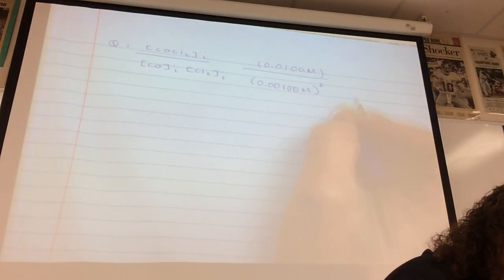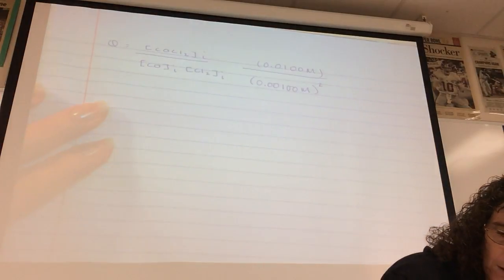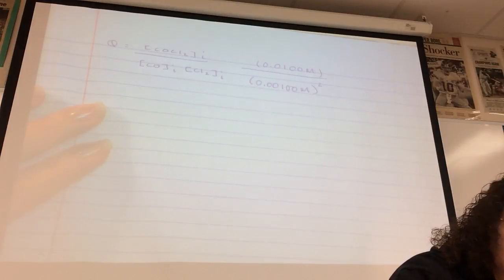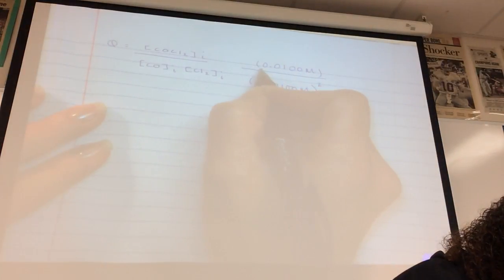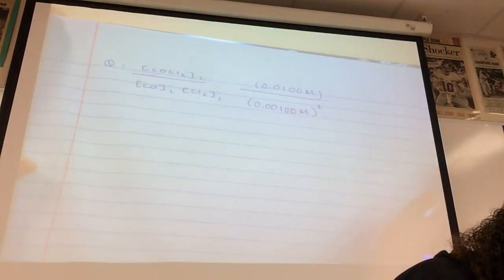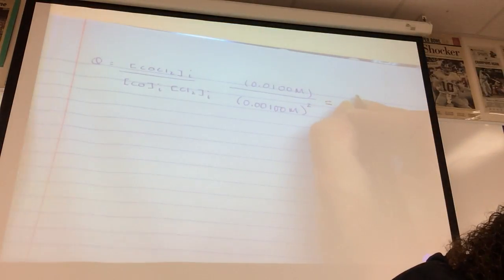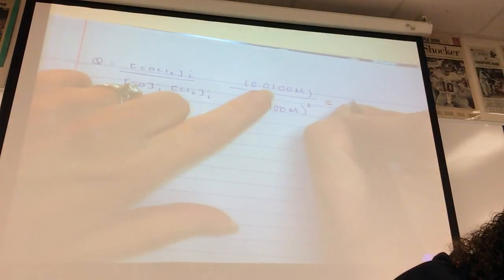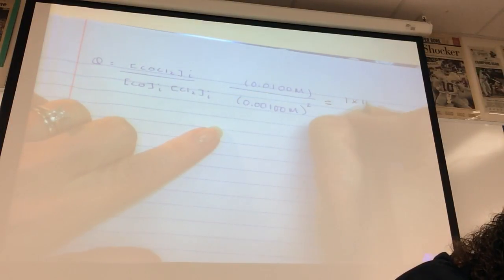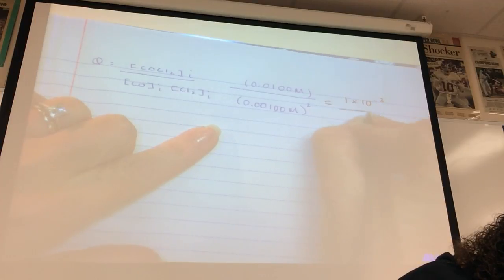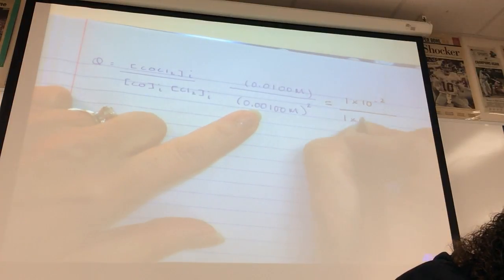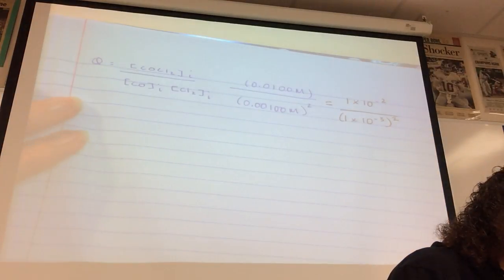Okay, now some of you look at this and you're going to sit there and start dividing longhand. Please don't do that. I'm going to make it easy, getting rid of all these zeros. This is 1 times 10 to the negative 2. This is 1 times 10 to the negative 3 squared, right?